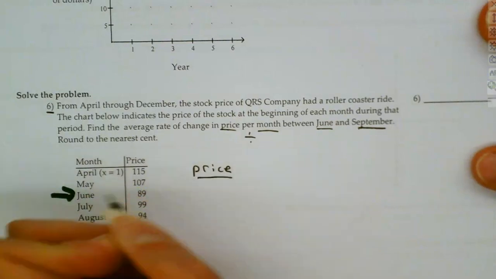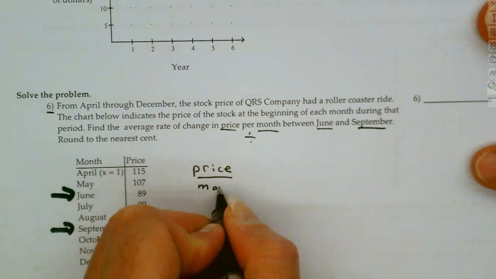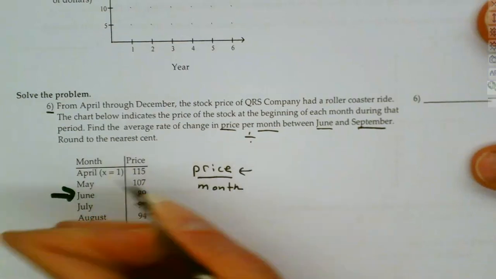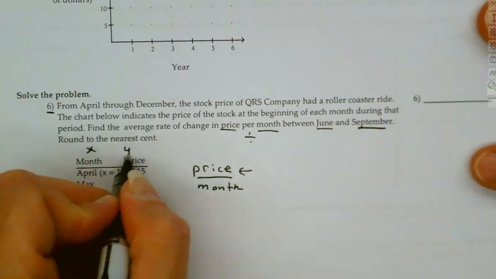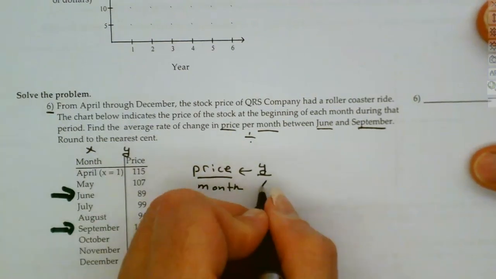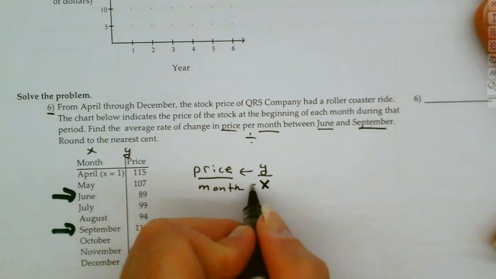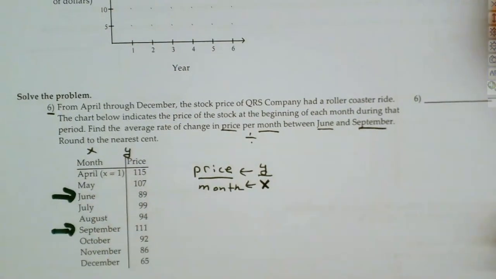Now, per means divide, so that's going to be the price divided by the month. Look at our ordered pairs here. Price goes on the top again, month goes down below. We're going to do the same process that we just did.